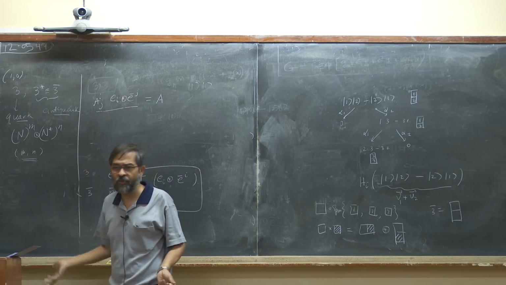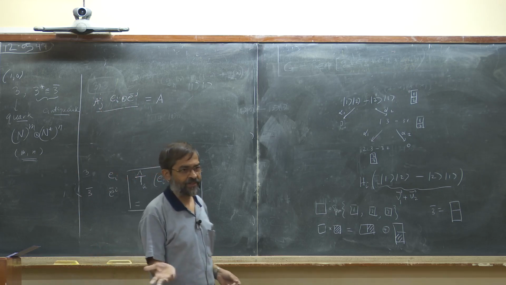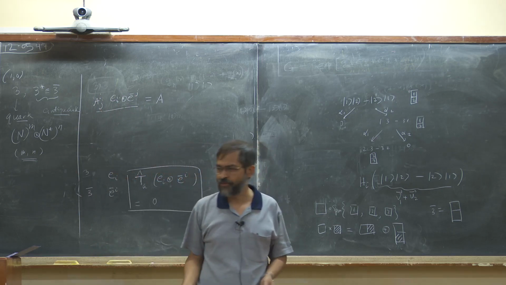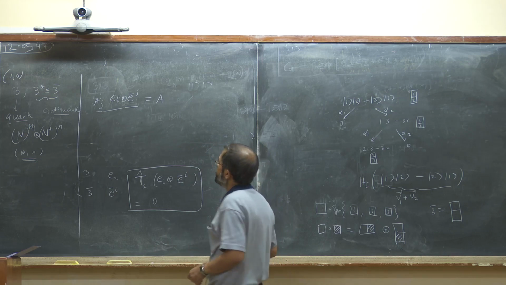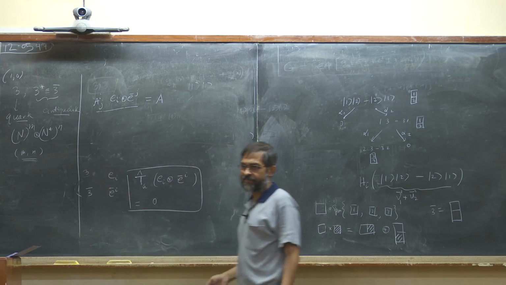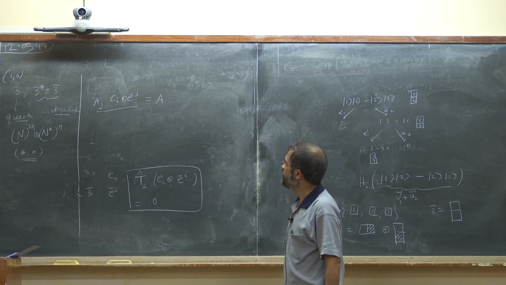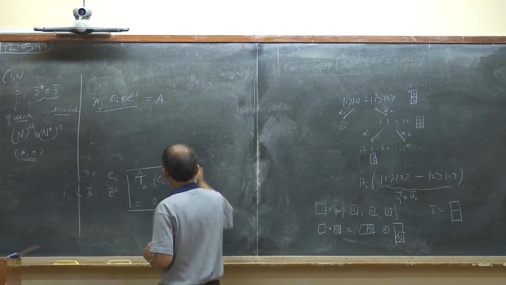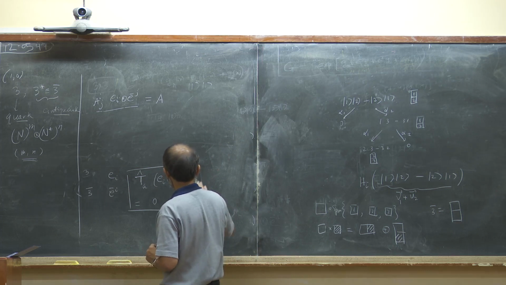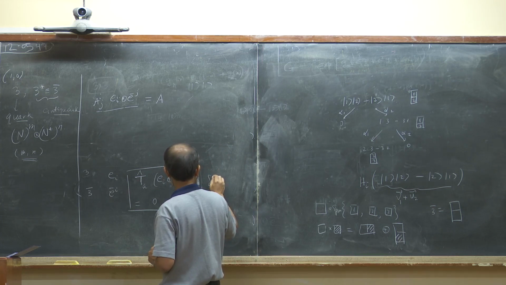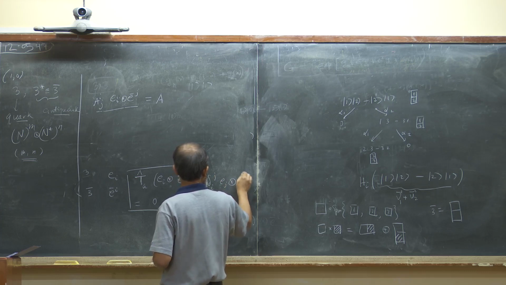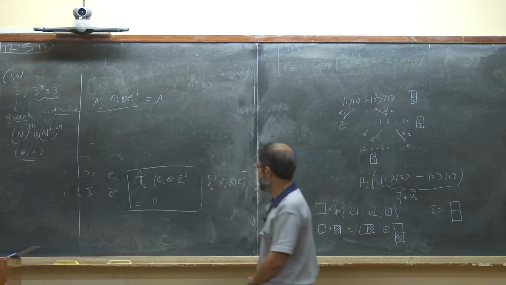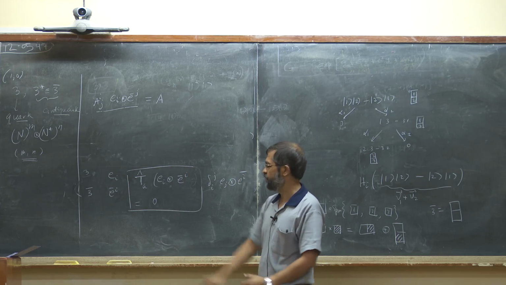This is the game which we always play. In standard tensor calculus also we do that. These are called passive and active rotations and so on. So what did I prove here? That this delta_ij e_j e_i quantity is invariant.